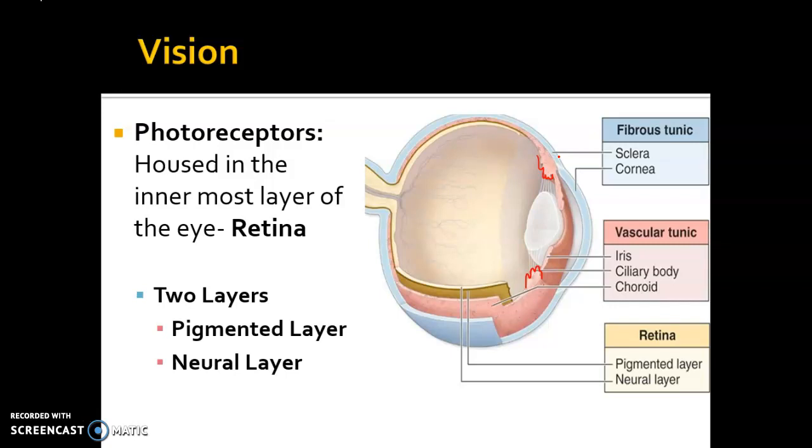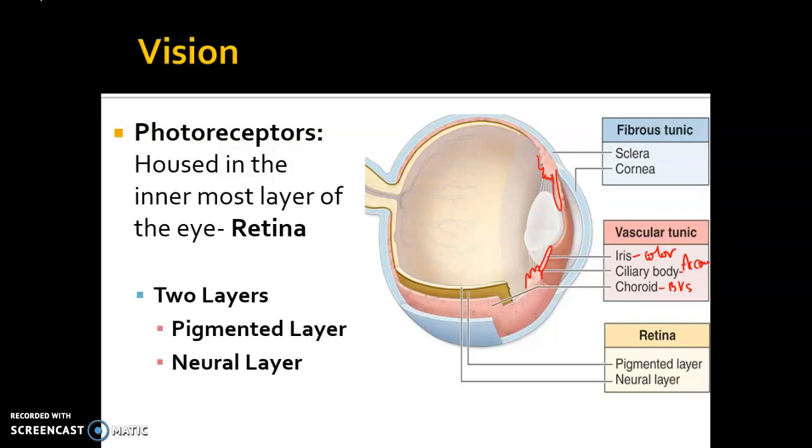Very anteriorly, the vascular tunic is called the iris, and the iris forms the colored part of the eye. Choroid, iris, and ciliary body, all three regions of the vascular tunic, have lots and lots of blood vessels.